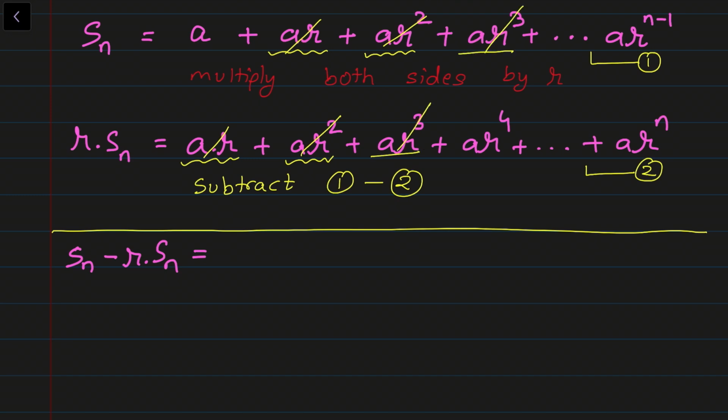Similarly, ar squared, ar cubed also get cancelled out, and so on. The last term to get cancelled out is ar raised to n minus 1. So, we are left with a minus ar raised to n.